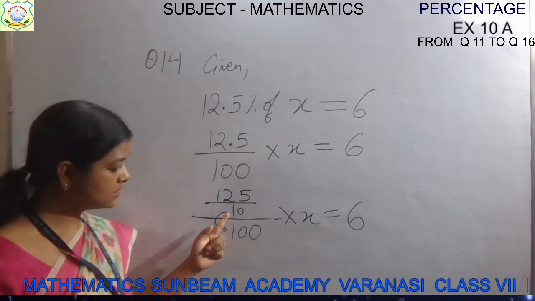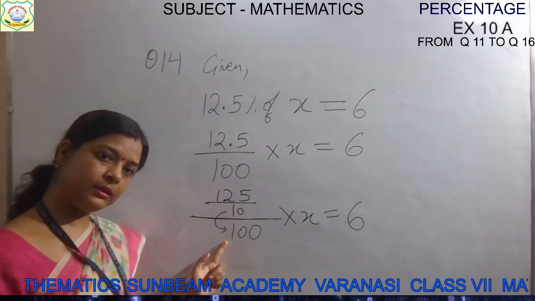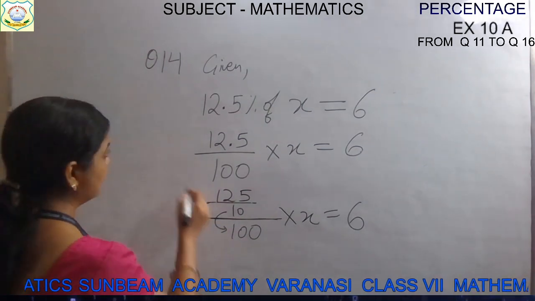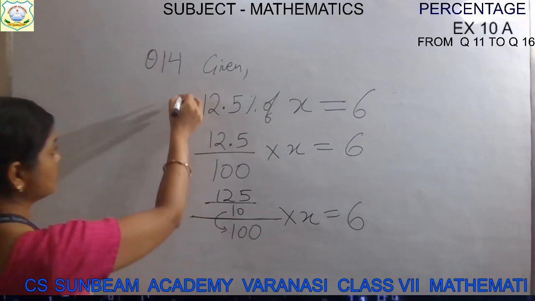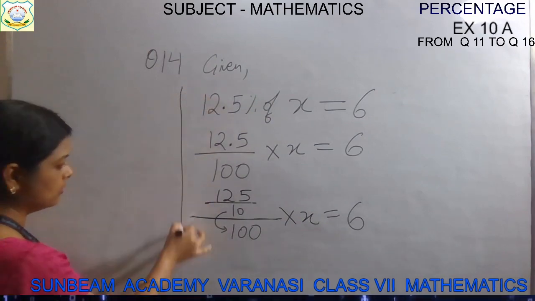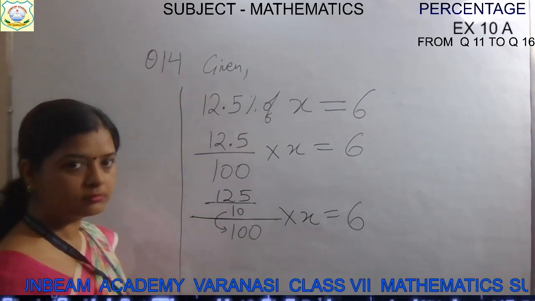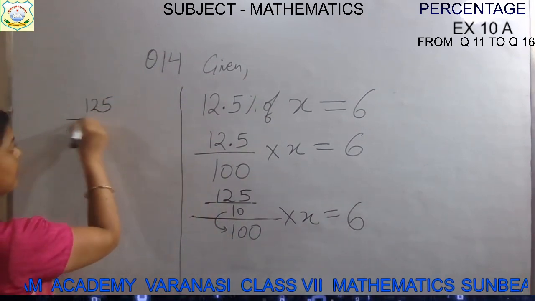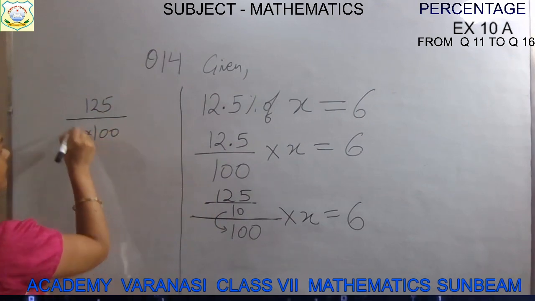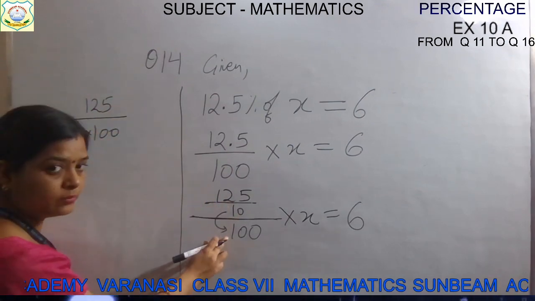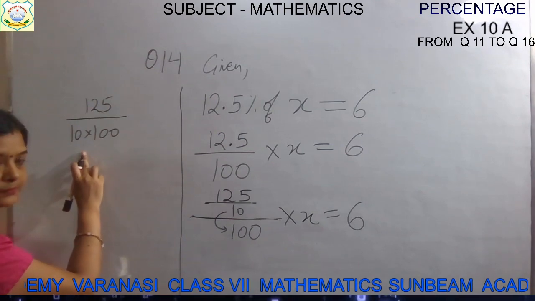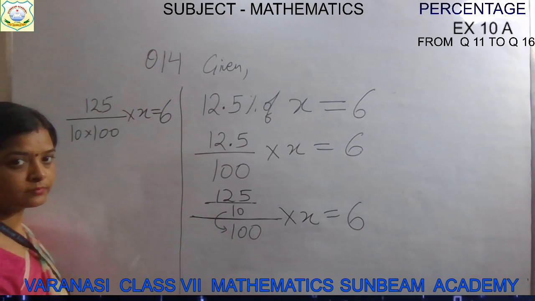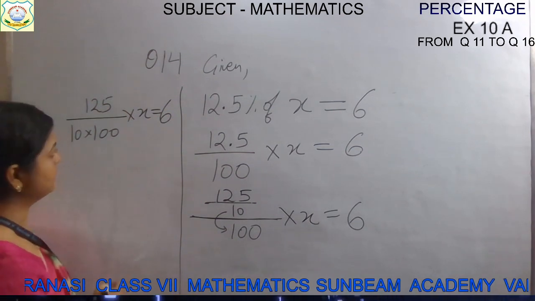So now this 10 will come down and it will multiply with this 100. So can we write it? 125 upon 100, and 10 will multiply. This 10 will come down and multiply with 100, into x is equal to 6. Okay. Now the next part.